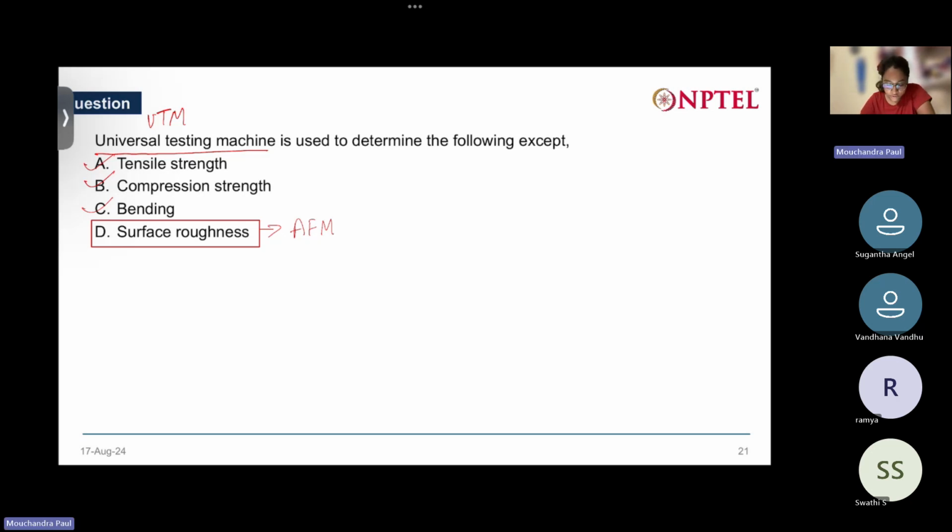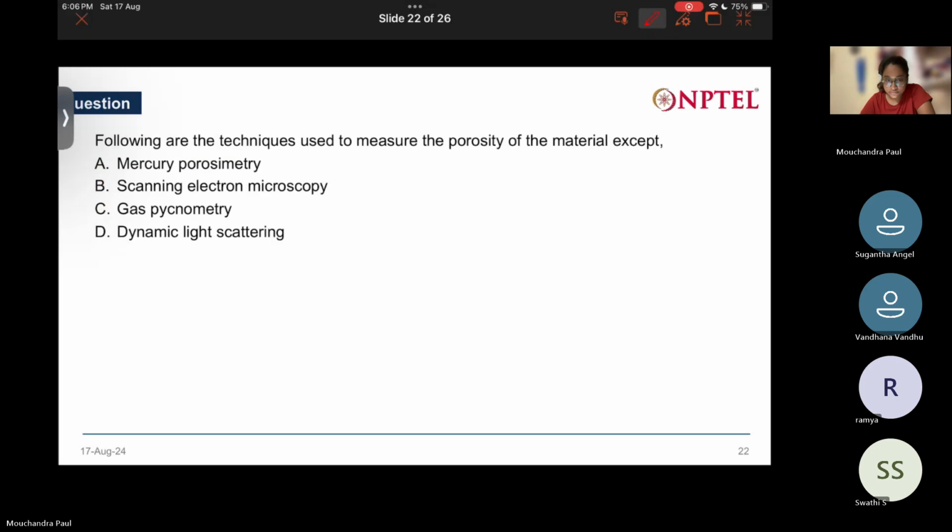Then another question. The following are techniques used to measure the porosity of the material, except. Again, a similar question we have done previously. The options are mercury porosimetry, SEM (scanning electron microscopy), gas pycnometry, and dynamic light scattering.